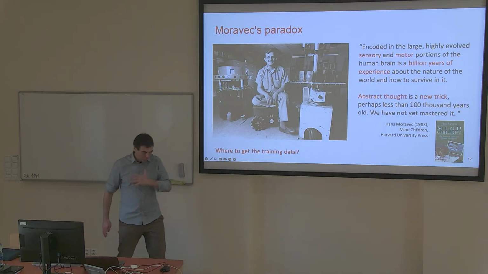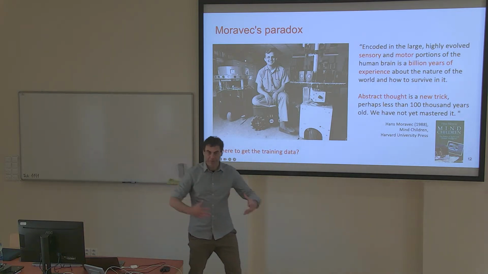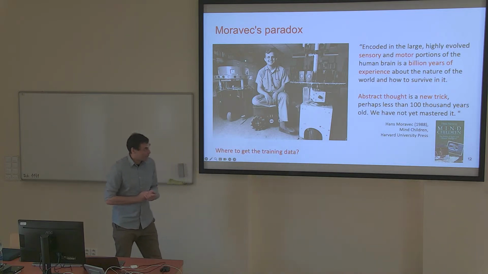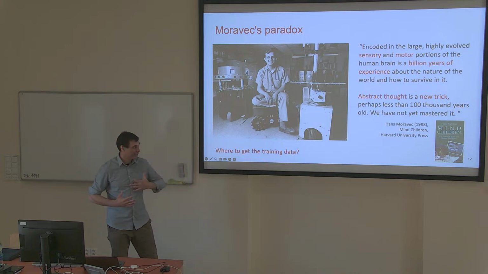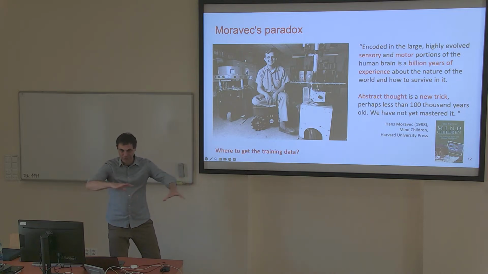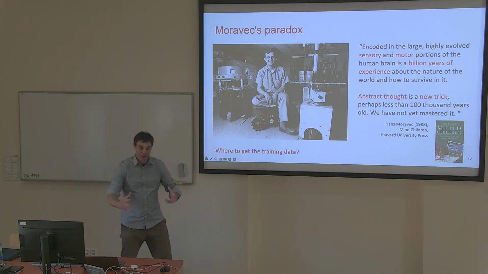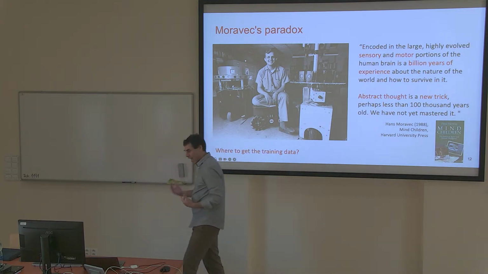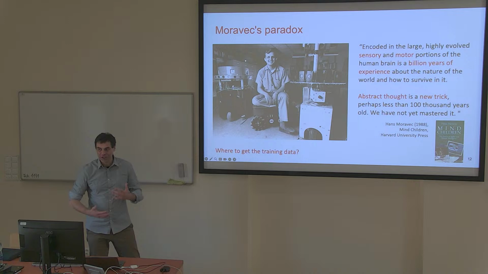It has evolved from animals which had to move around the environment and do things. Whereas abstract thought is, in evolution, a relatively new trick. So his intuition was that we humans are really Olympic athletes in this kind of interactive environment because it has evolved for such a long time, whereas in abstract thought we are really amateurs. It's a very recent thing.